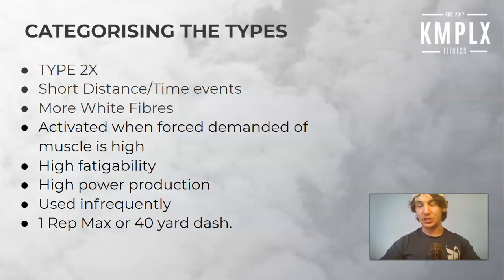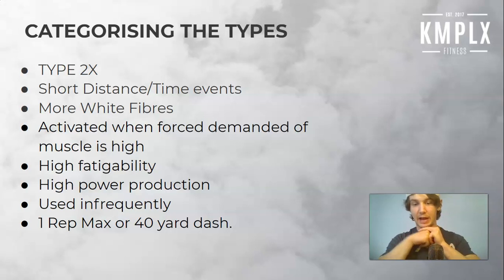So this energy system is used infrequently, and often it's trained incorrectly as well. You'd see people doing maybe 7 sets of 100 meters with a 30-second break, and because they're sprinting or trying to sprint, they claim they're training their type 2X or their anaerobic system, but they're not really.